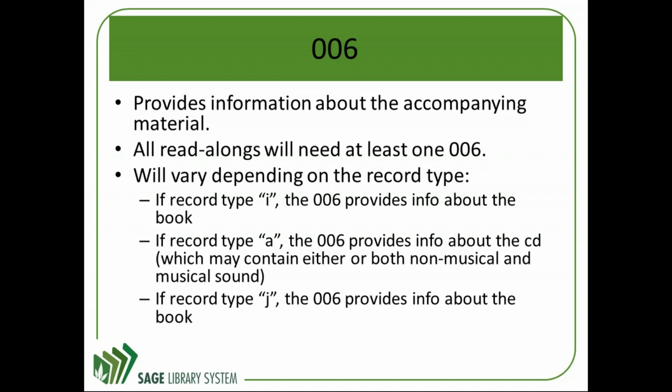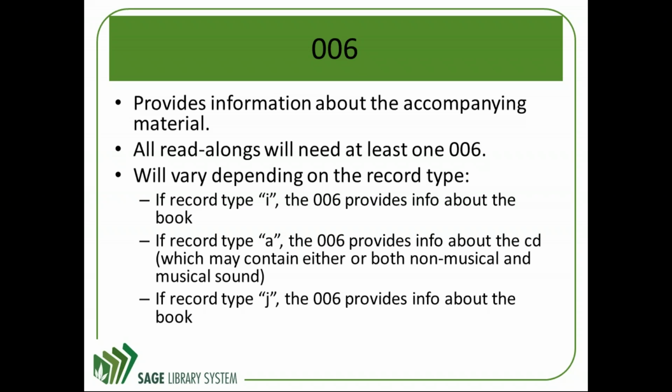So if it's a record type I, then the 008 will be describing the CD, the sound recording, whether it's musical or non-musical, and then the 006 will be providing information about the book.